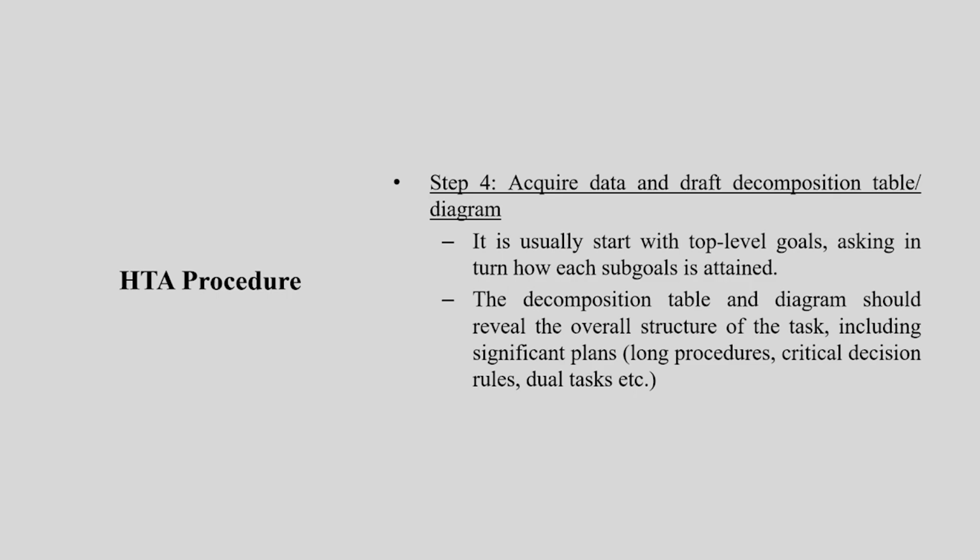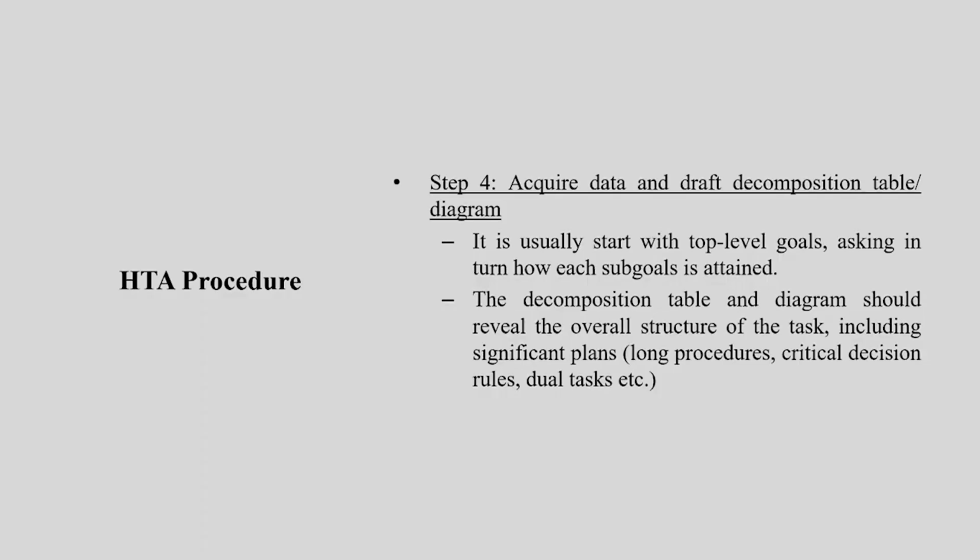So, what exactly does it do? It usually starts with the top level goals, asking in turn how each sub goal is attained. Okay. First is big, then small, small, small, like that they will derive it. Okay. So, the decomposition table or diagram should reveal the overall structure of the task including significant plans.